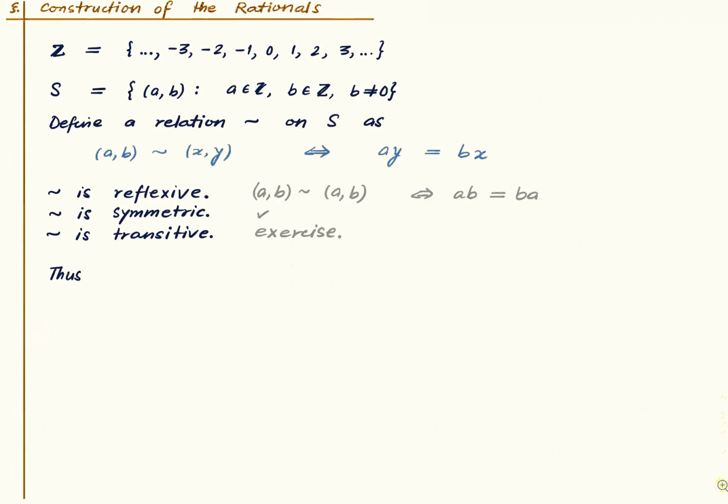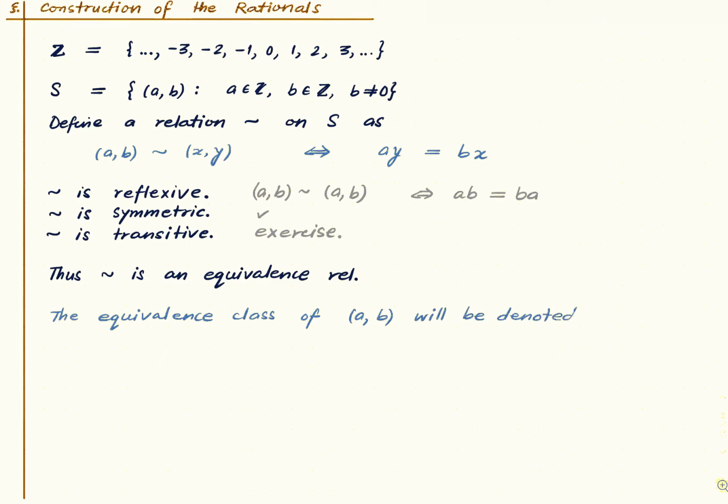Thus, tilde is an equivalence relation. Okay. So the equivalence class of the pair (a, b) will be denoted as a by b, or this way.